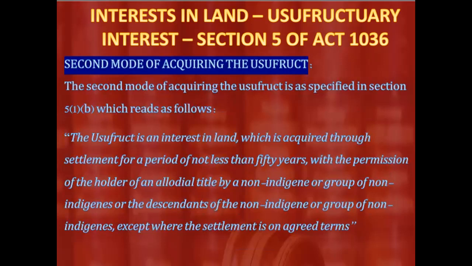Section 5, subsection 1B reads as follows, and I quote: the usufruct is an interest in land, which is acquired through settlement for a period of not less than 50 years, with the permission of the holder of an allodial title by a non-indigent or group of non-indigents or the descendants of the non-indigent or group of non-indigents, except where the settlement is on agreed terms and it is inheritable and alienable.